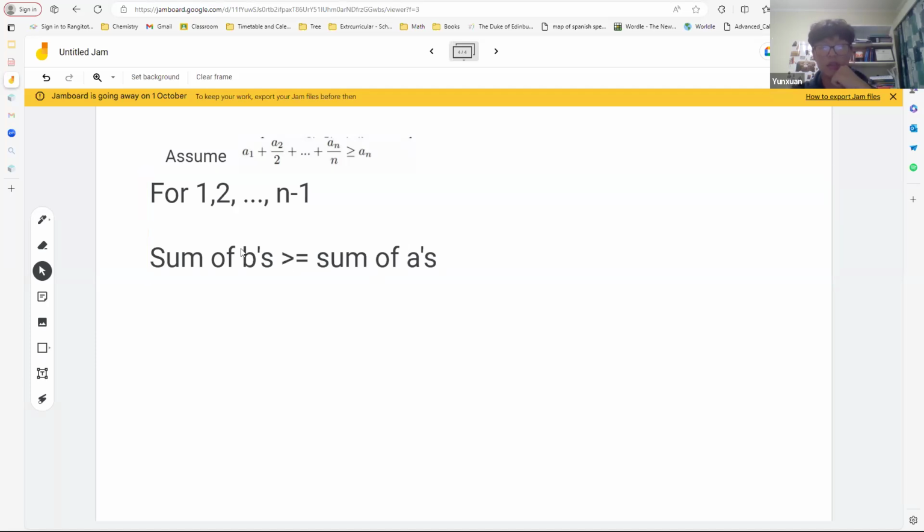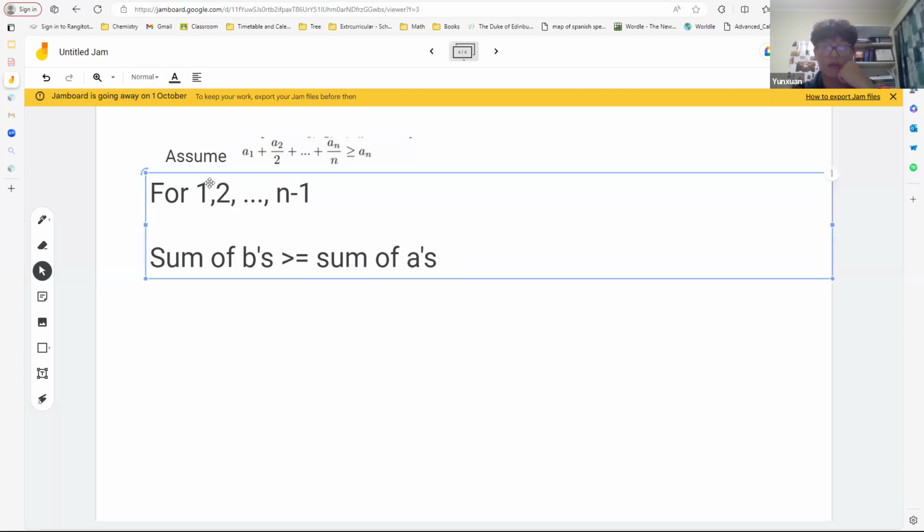Right? Because b1 larger than or equal to a1 is the case for 1. For 2, it would be b2 larger than or equal to a2. And then for n minus 1, it would be b n minus 1 larger than or equal to a n minus 1. Which gives us sum of b's from 1 all the way to n minus 1 is larger than or equal to sum of a's from 1 all the way to n minus 1.